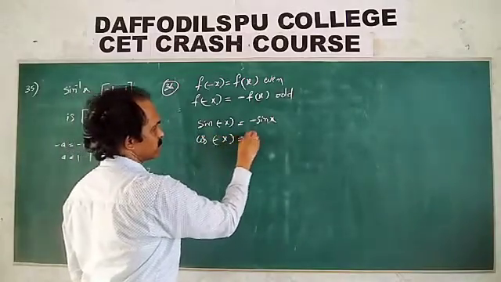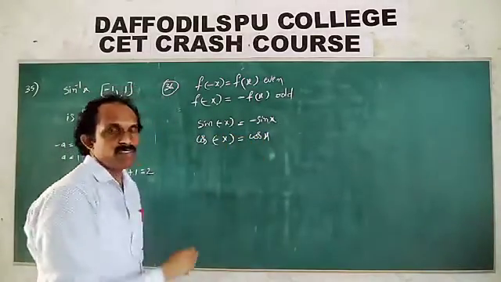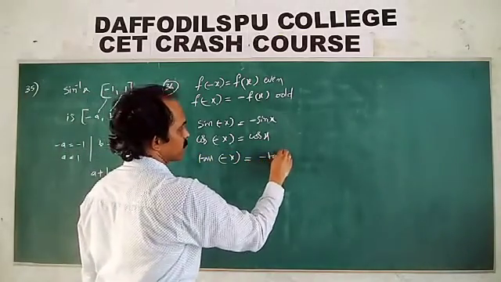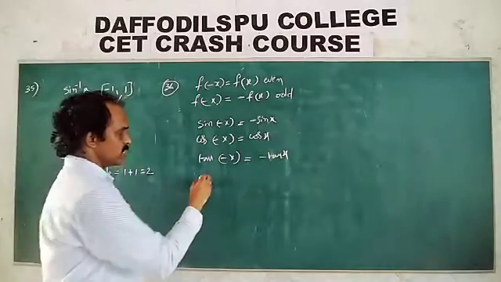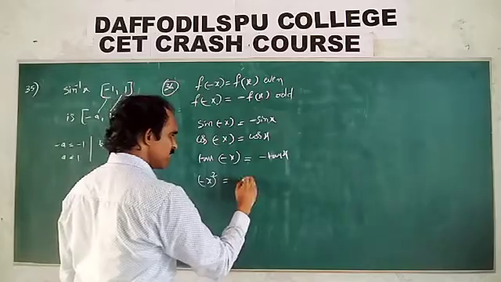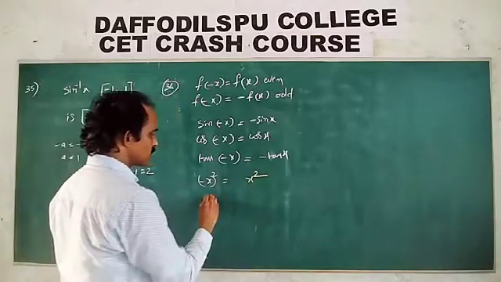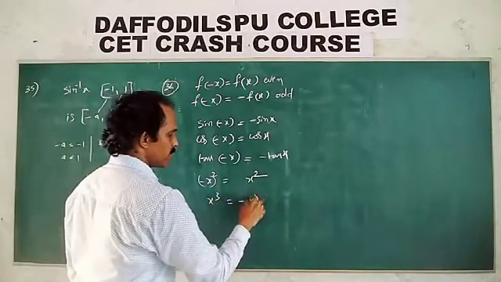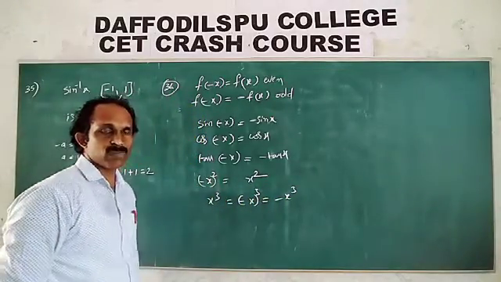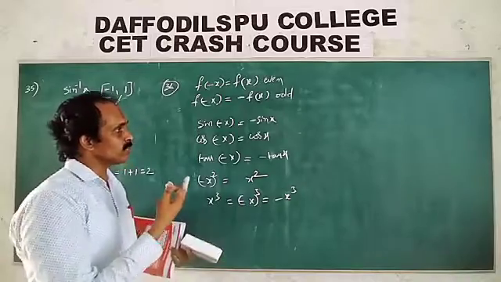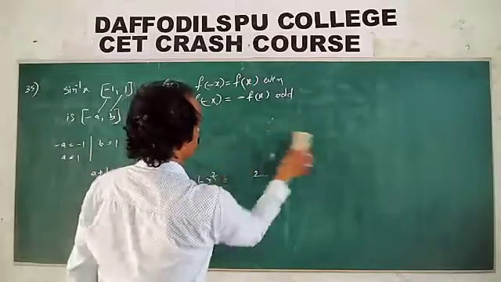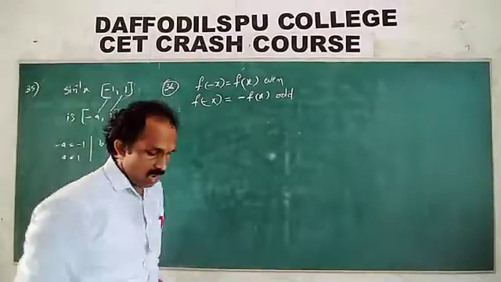Cos of minus x is cos x, even function. Tan of minus x is minus tan x, odd function. X square: minus x whole square is the same, even function. X cube: minus x whole cube is minus x cube, so f of minus x is equal to minus f of x, odd function. And f of minus x is equal to f of x is an even function. First you understand even function and odd function.